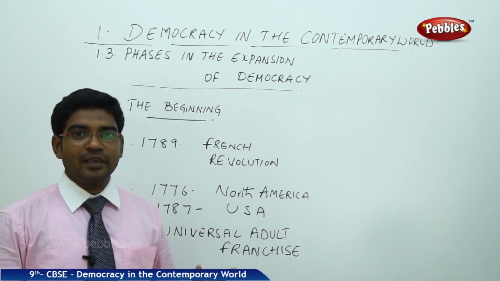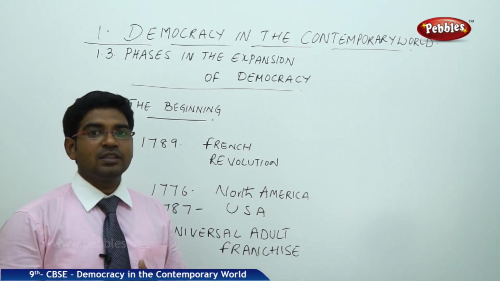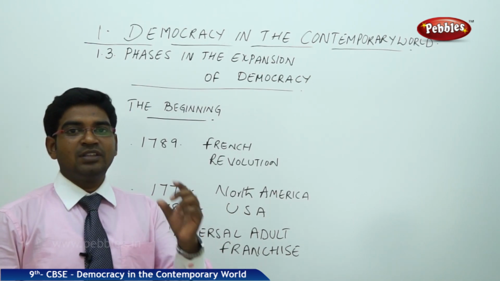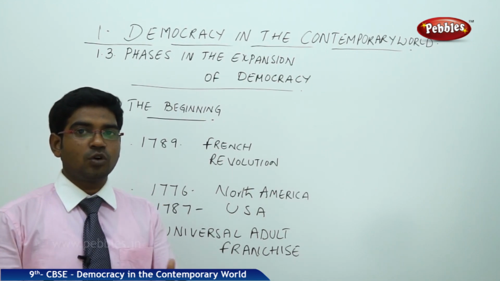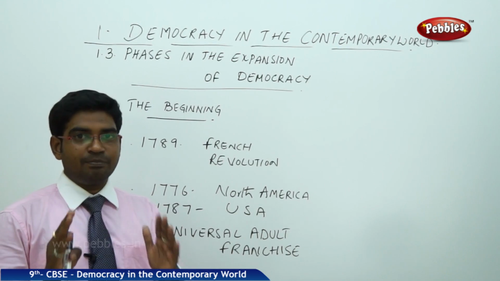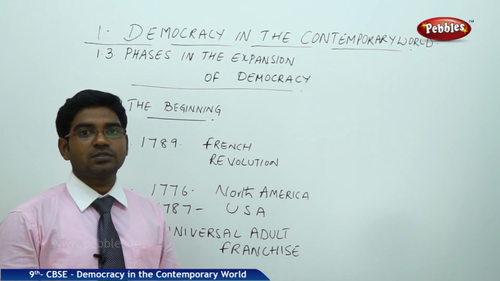That's why this plays a very vital role. This actually gives the meaning of equality. Real equality exists only when you have the right to vote irrespective of all barriers. That's what universal adult franchise means.